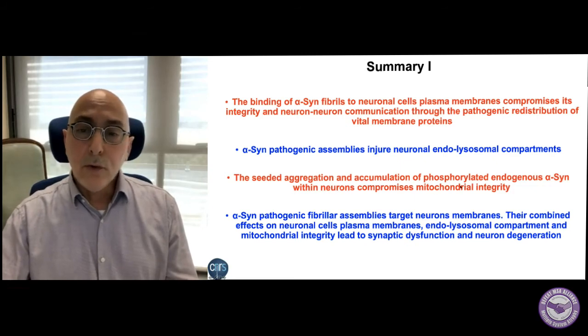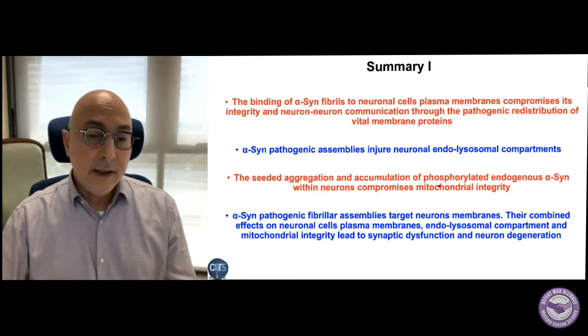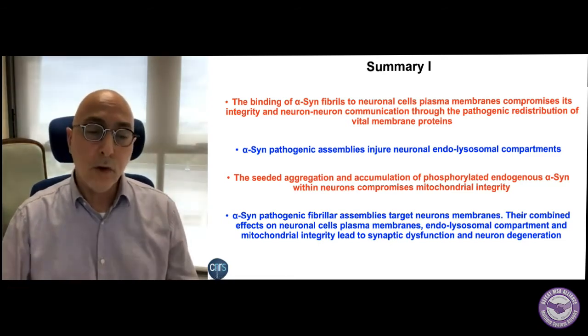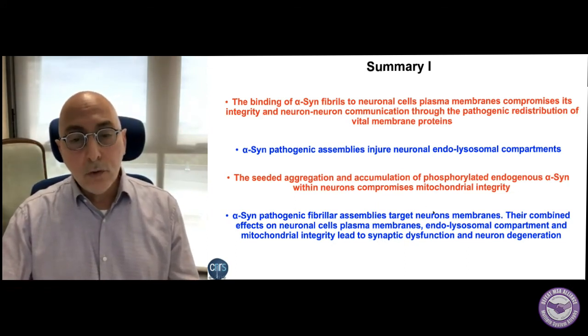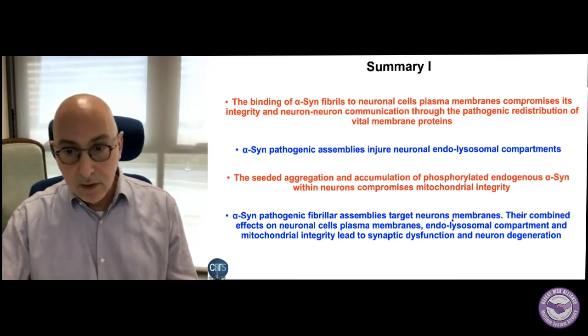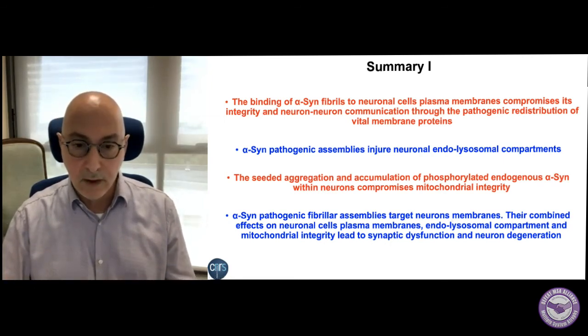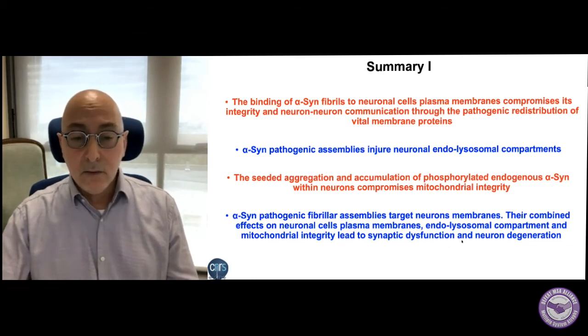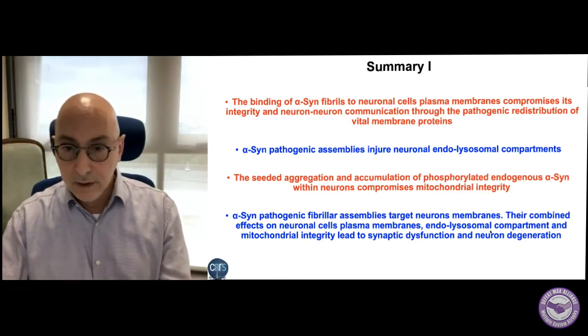And they injure and compromise mitochondrial function and integrity when they reach the cytosol and start recruiting alpha-synuclein. So this part of my talk shows you that these aggregates target the membranes in our cells, the surface of the cells, but also the membranous compartments of our cells. And it is through the events they cause that they can lead to synaptic dysfunction, neuronal stress, and eventual degeneration.